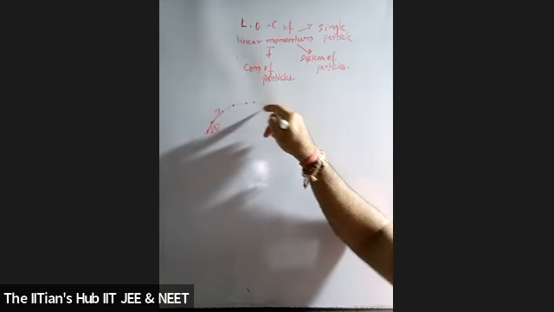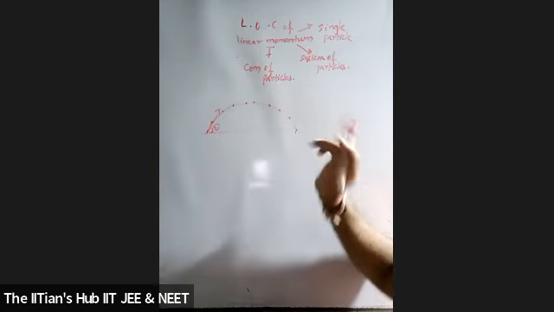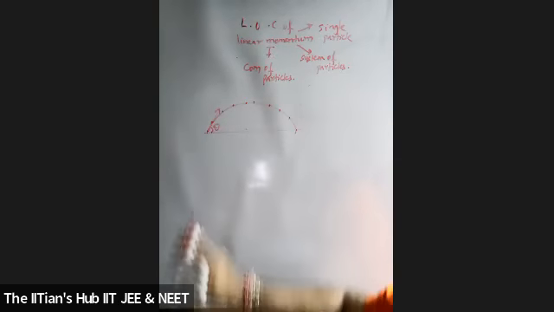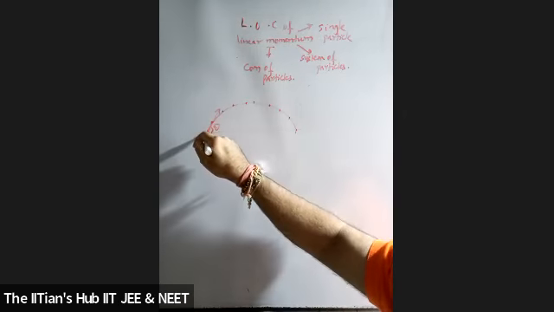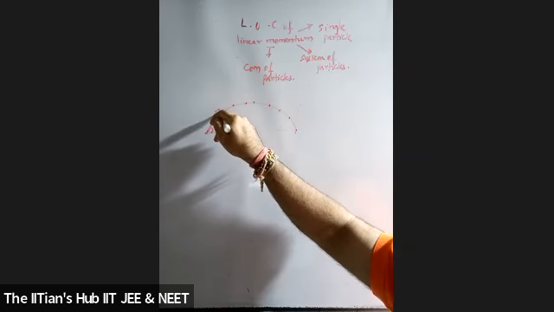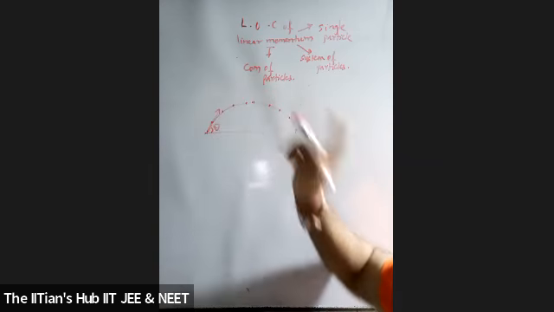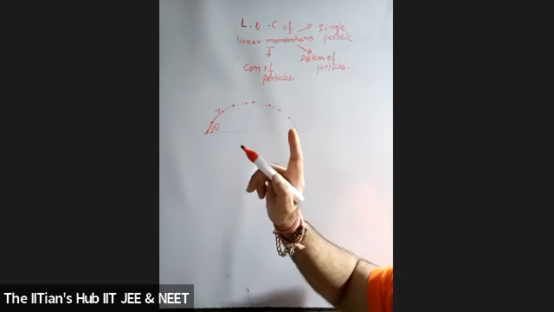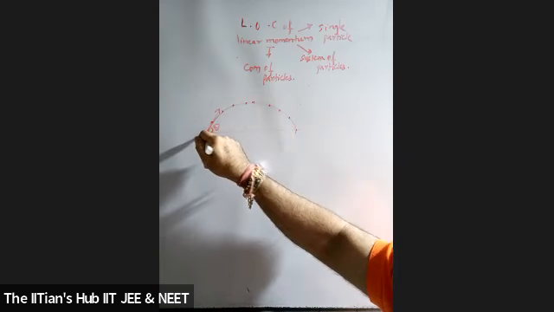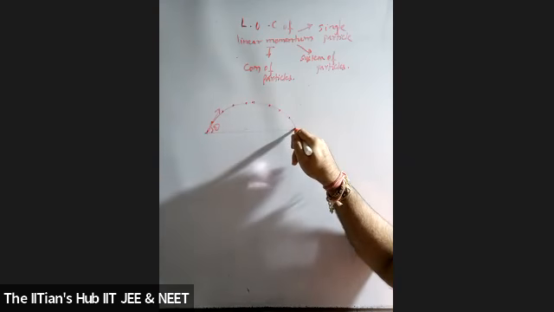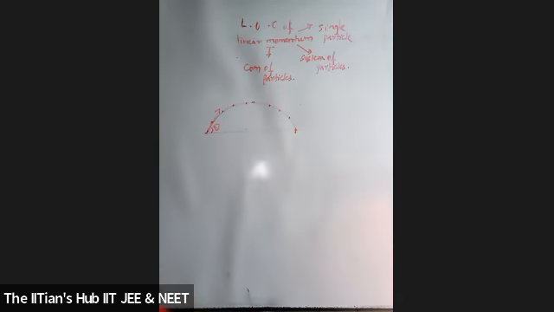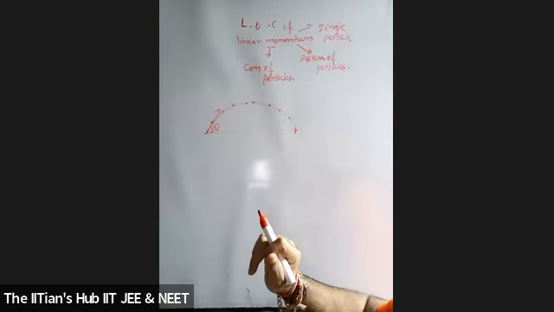We have done the change in momentum from initial to a certain time instant, and from initial to maximum height. The change in momentum from initial to final is 2mu sin theta. You have all done this part.